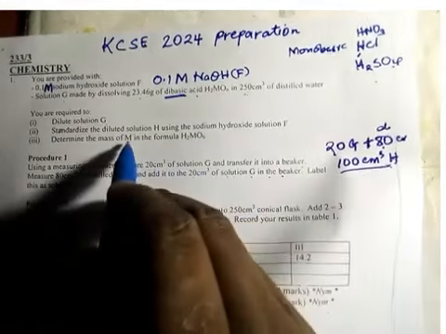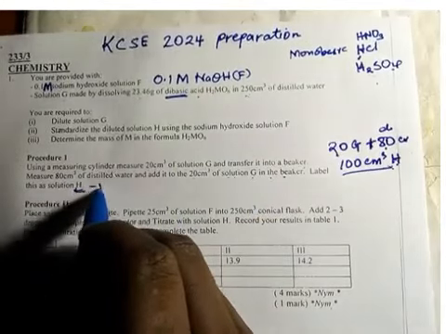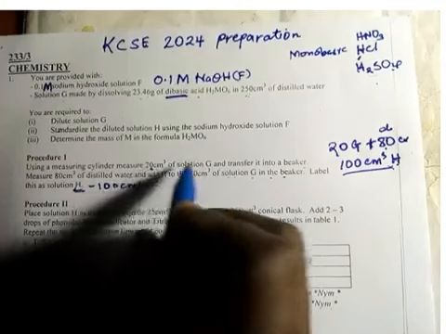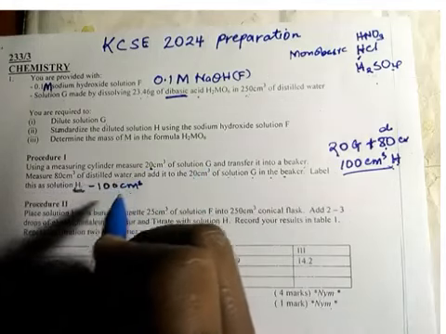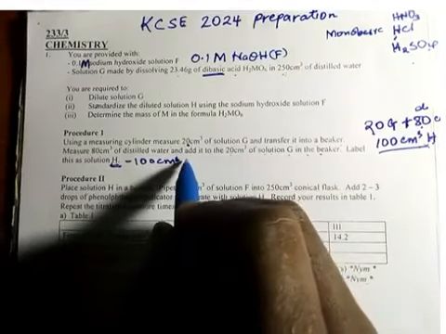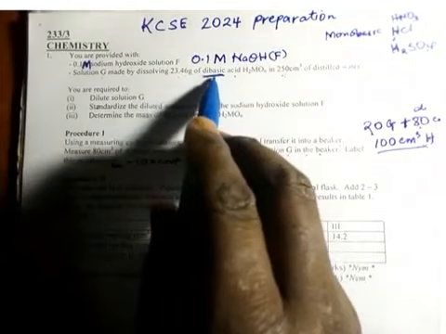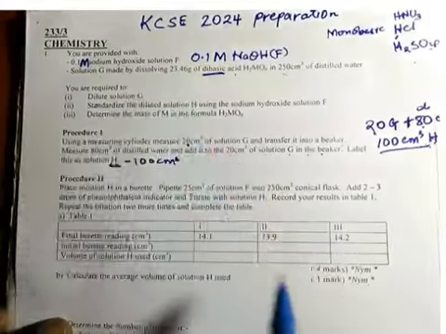H is the dibasic acid G, but diluted now.